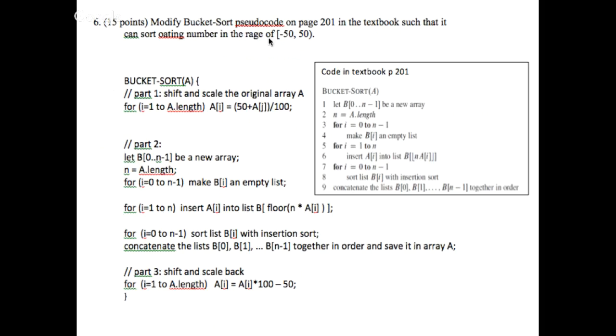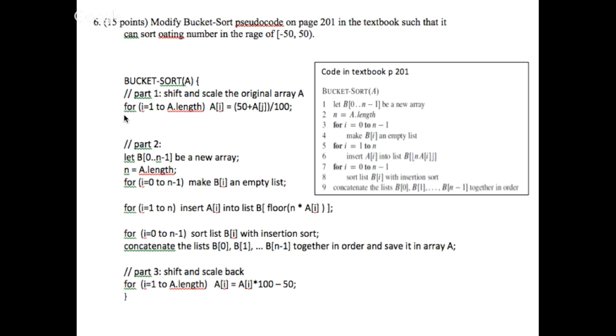So we know bucket sort is applicable for array elements with values ranging from 0 to 1, that is the floating point numbers. So in part 1, I shift and scale the original array A.